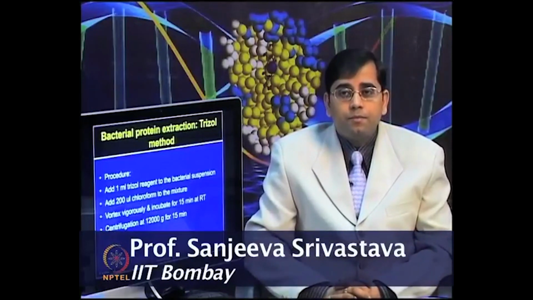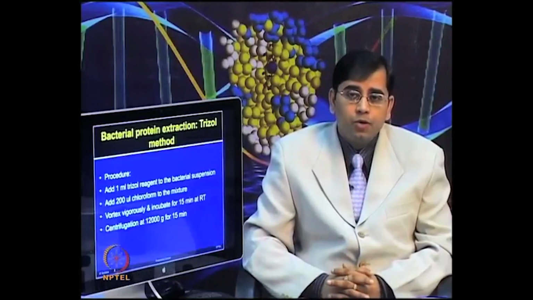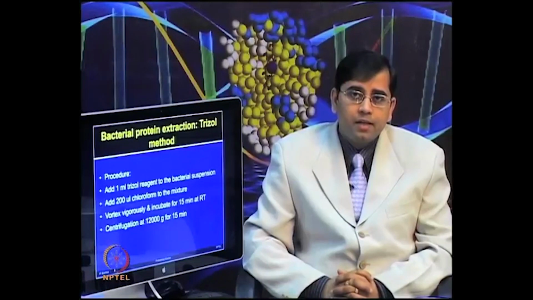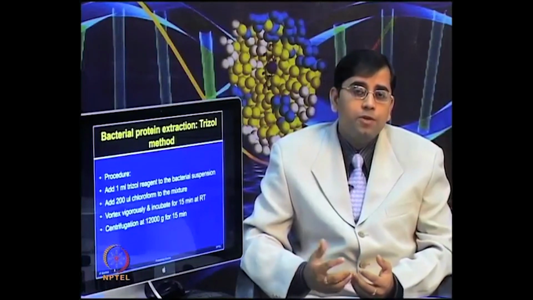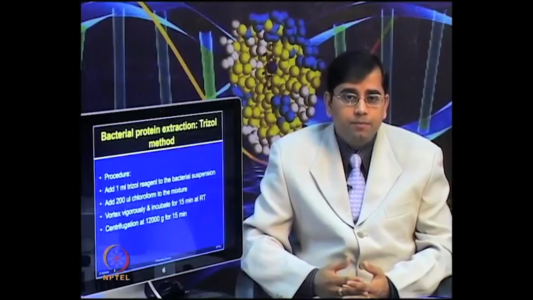This is not the exact detail of the protocol; I am just giving you a few numbers for your reference. One can modify these depending upon how much protein extract they want and based on their sample.